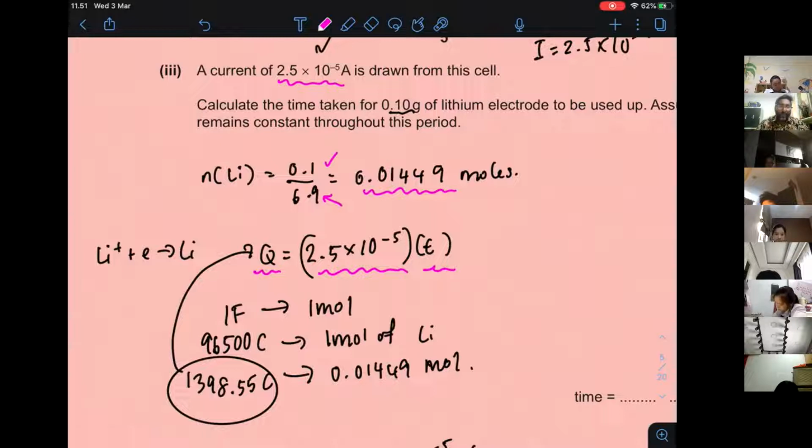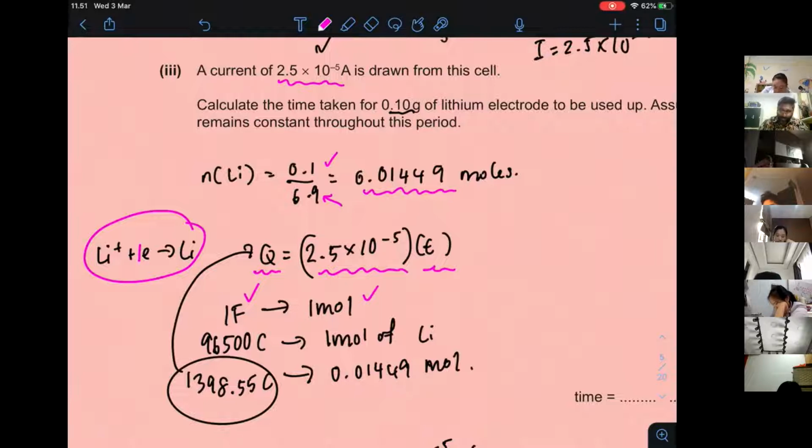Okay, so based on what I have over here, this one we have learned every 1 mole of this 1 mole of electron, so we call it 1 Faraday, the charge, okay, for 1 mole of electron is going to be 1 Faraday. So that 1 Faraday is supposed to give you 1 mole of lithium. So I just put there.